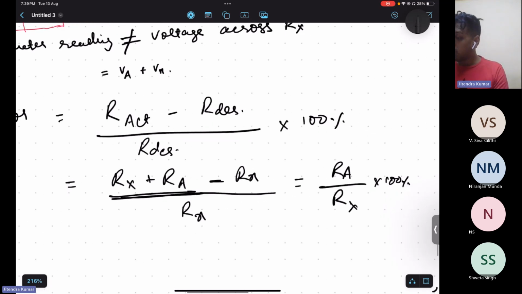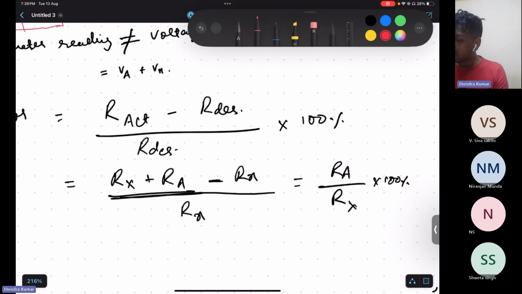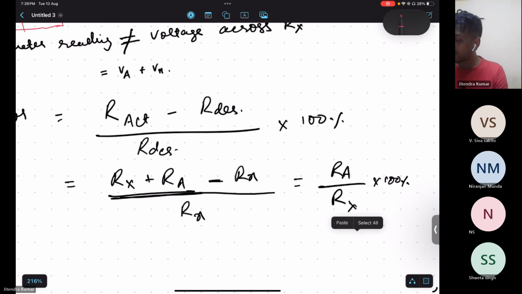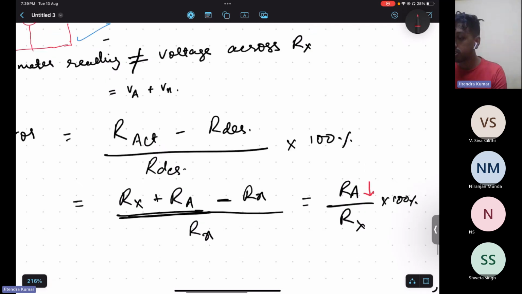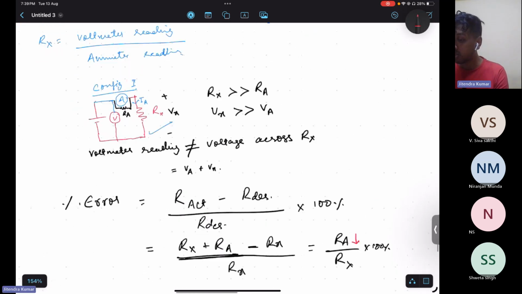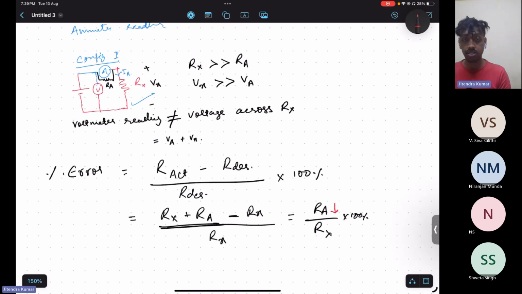So the lower the value of Ra is, the lower the error will be. So it is desirable to keep the value of Ra as low as possible so that you can use this configuration. When the resistance of the emitter is larger than or comparable to Ra, then your error will be higher.